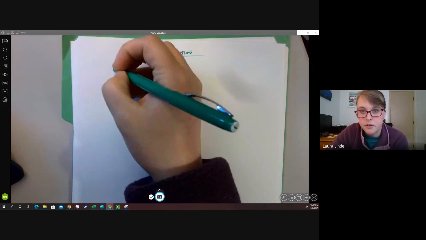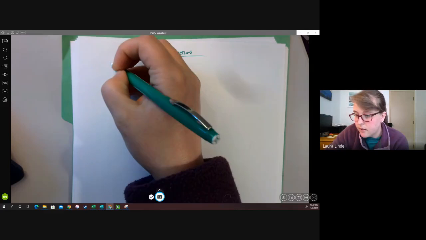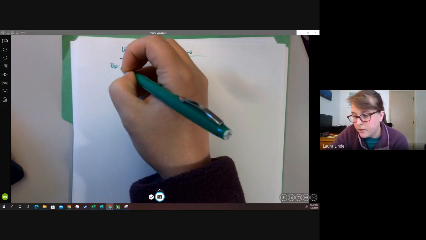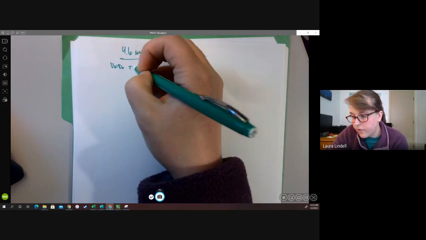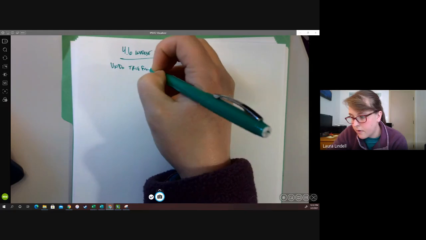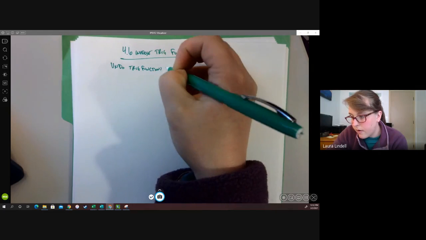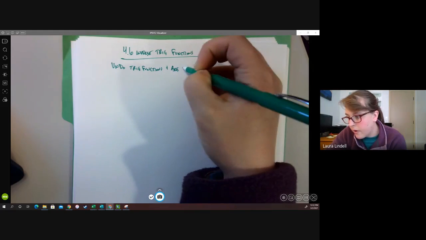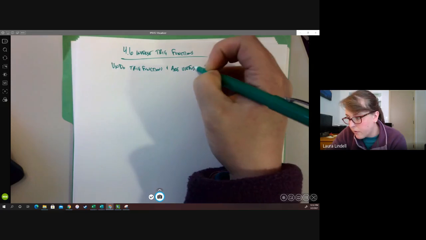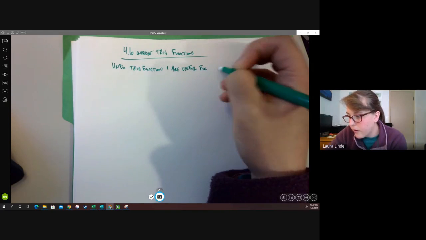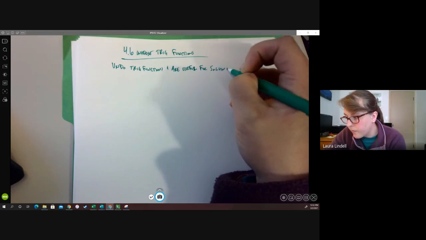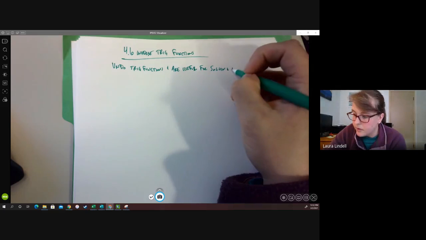And they're also useful for solving equations. So they undo trig functions and are useful for solving equations.